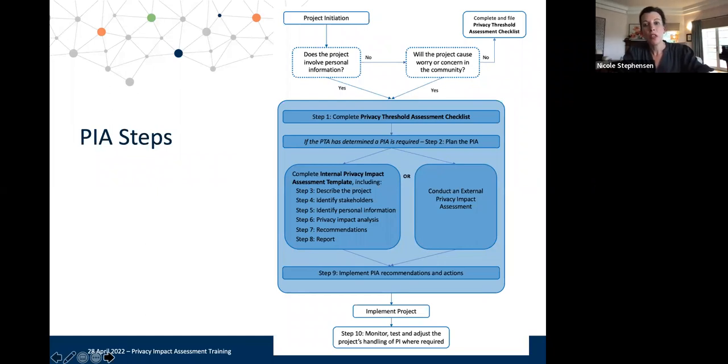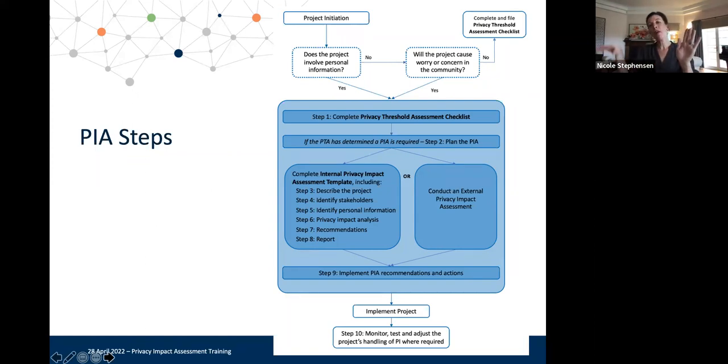There is also the option within your PIA procedure to conduct an external privacy impact assessment. And then finally, as you've gone through all of these different steps, you ultimately come to the implementation of the recommendations and actions that you identify through the privacy impact assessment process.